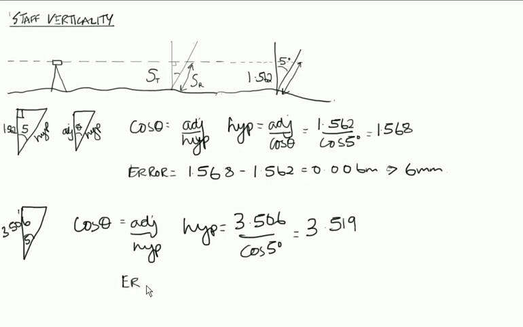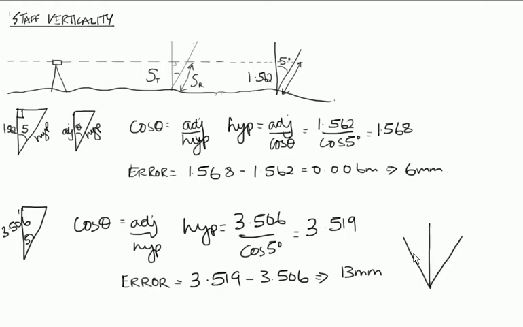So in that situation, the same angular error of 5 degrees, the error that we're getting in the staff reading is 3.519 minus 3.506, and that's 13 millimetres. So you can see that the greater the staff reading, the greater the effect of a 5 degree error on the staff.